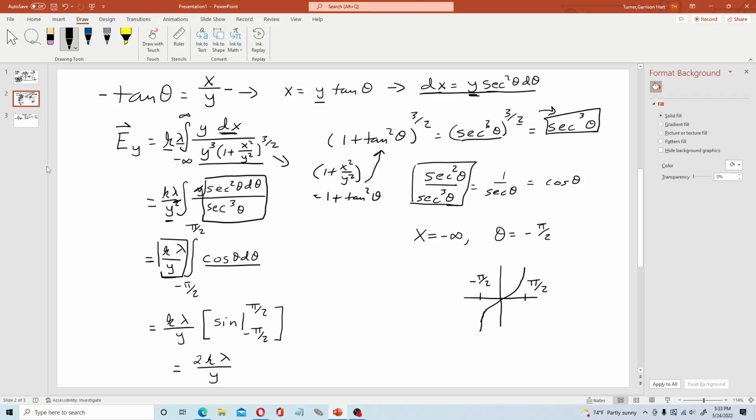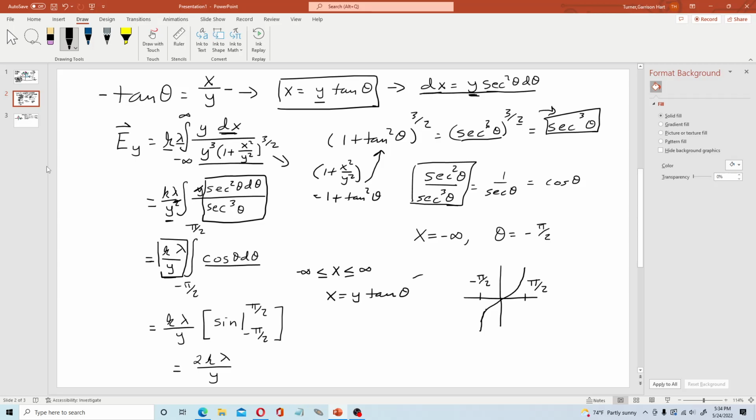Now the only thing that's left are the limits of integration. Well, the limits on x are from negative infinity to infinity, right? And these are inclusive. And so, if I look at what I've substituted for x, x is equal to y tan theta.